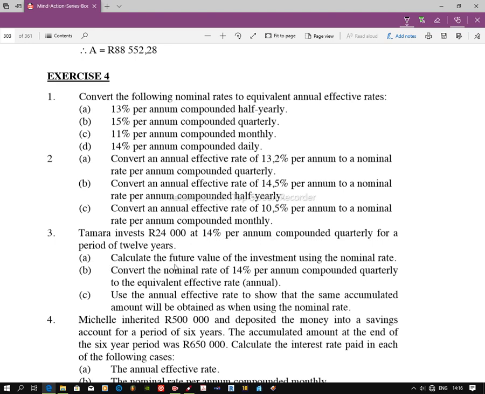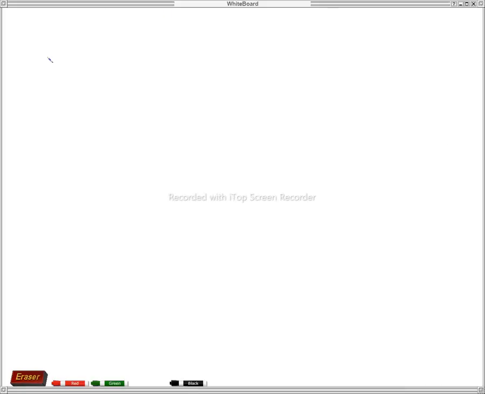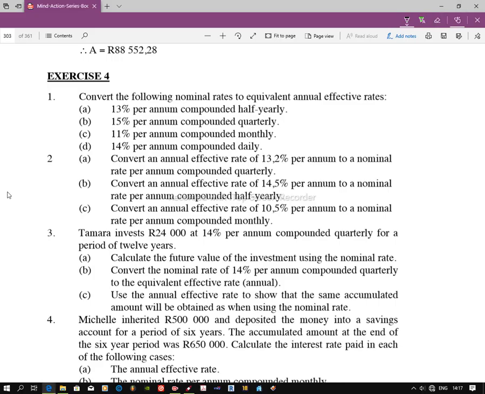They say calculate the future value of the investment using a nominal rate. So let me just quickly go to the board and collect data. I can say data is the information that we are given there. So the investment is 24,000, and then at what interest? At 14% compounded quarterly.